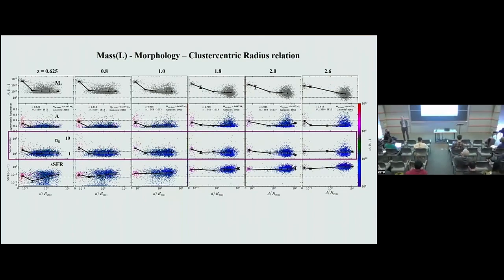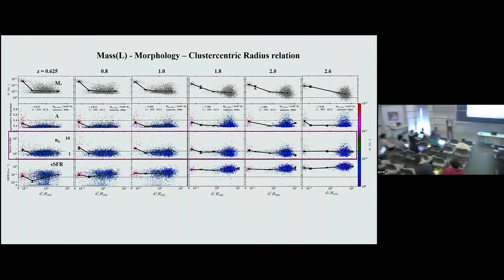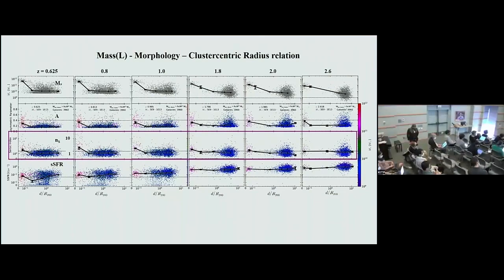So how do you define the center of the cluster in these calculations? Is it the barycentric center of the Lagrangian mass, or did you fix the Eulerian position? Yeah, exactly. So we just fixed the center as the center of the density peak at the final epoch.